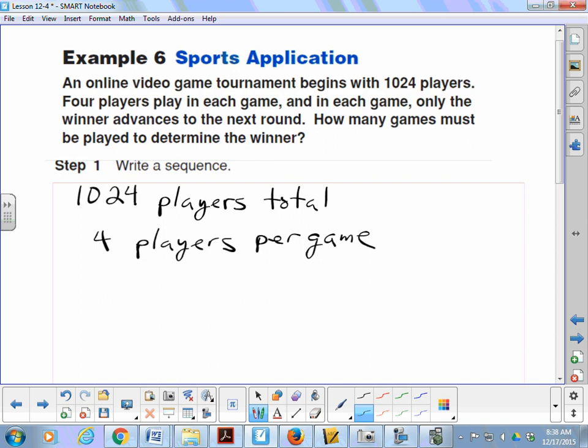So, for those 1,024 players to play, how many games must there be? How many? 256. Okay? So in the first round, round 1, there are 256 games.